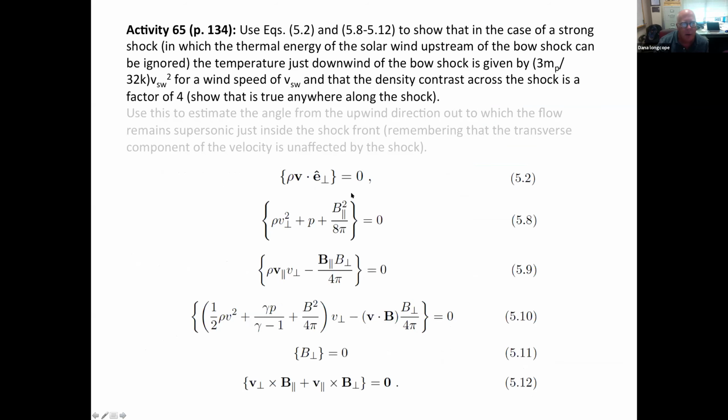So you're going to use those two approximations here, and derive or show that the temperature is 3/16 of the solar wind velocity squared.